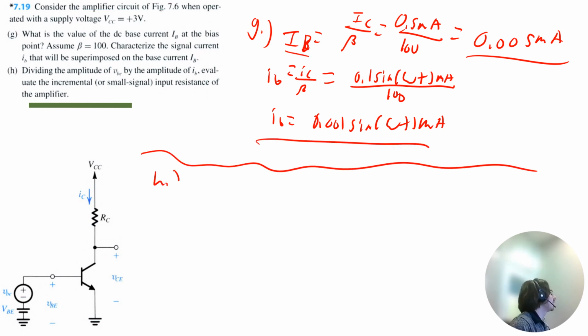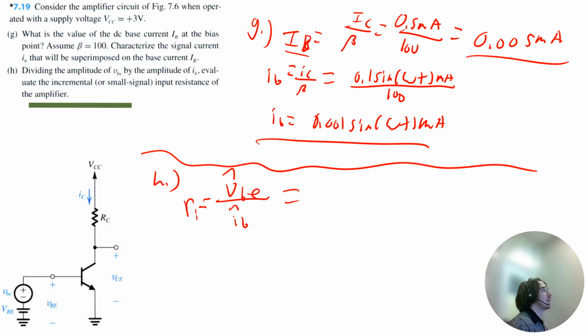Okay, let's do part H. Dividing the amplitude of VBE by the amplitude of ib, evaluate the incremental or small signal input resistance of the amplifier. So basically saying input resistance is equal to the amplitude of VBE divided by the amplitude of IB.